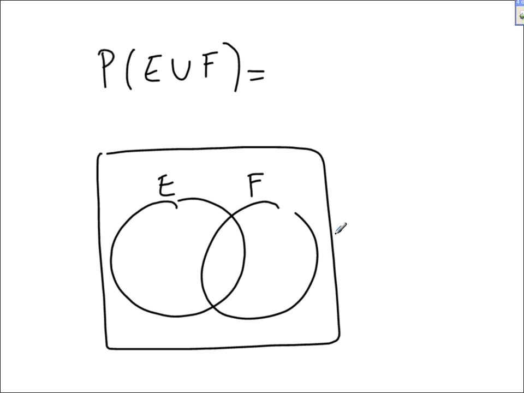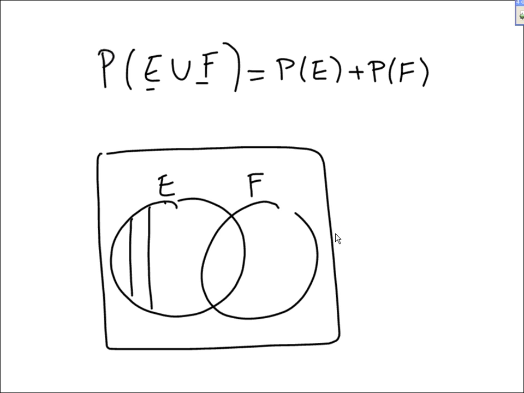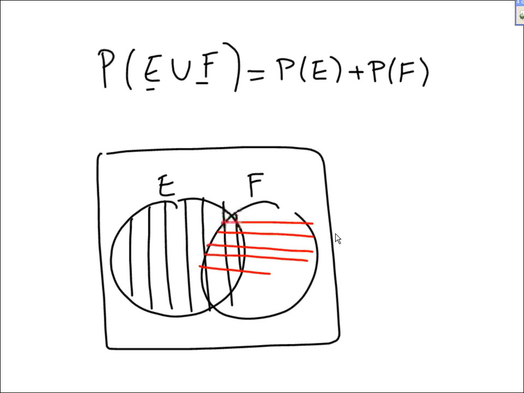Well, one might say, well, it's the probability of E plus the probability of F. But keep in mind, that's only if E and F are mutually exclusive. See, the probability of E is the chance that you land in here. That's the probability of E. The probability of F is the chance you land in here.